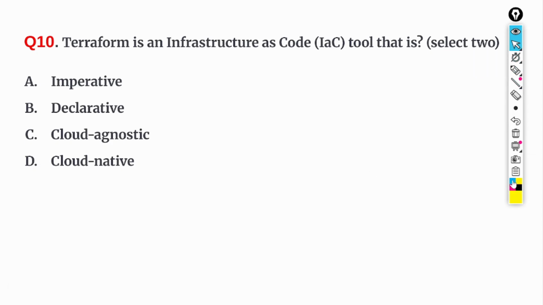Obviously one we can easily say is cloud agnostic, because Terraform supports multiple cloud platforms, which are AWS, Azure, Google. One tool that supports multiple cloud environments, we can call cloud agnostic. Agnostic is a new word, but it's very common now in cloud technology.